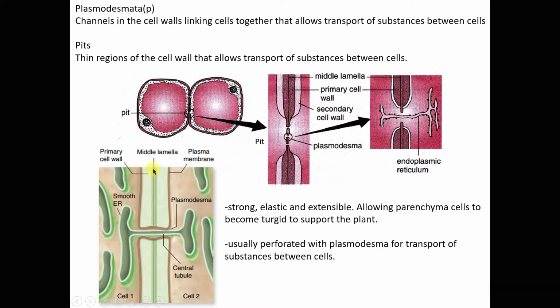Untuk primary cell wall, cell 1. Ini middle lamella untuk primary cell wall, cell 2. Ini lagi jelas. Kalau ini kamu tengok middle lamella ni satu saja, actually dia ada dua masing-masing. Primary cell wall yang ini ada middle lamella dia. Primary cell wall yang cell 2 ini dia ada dia punya own middle lamella.